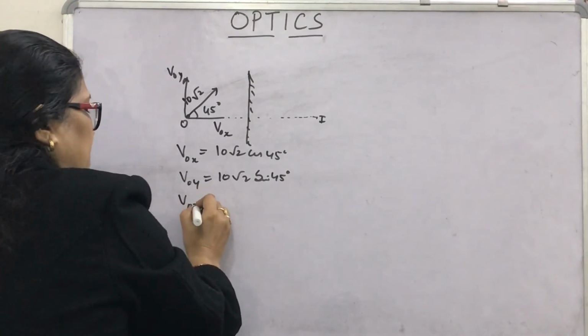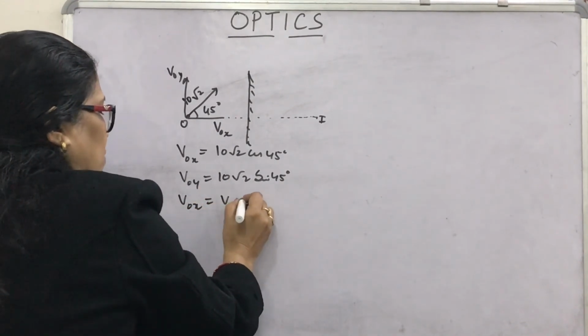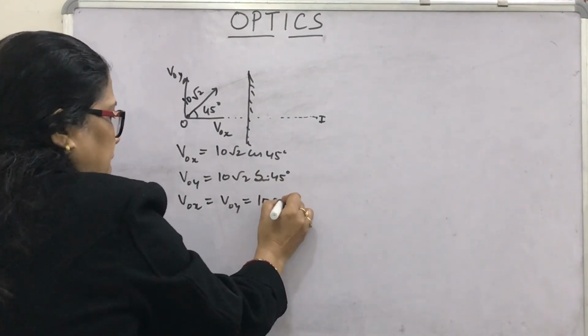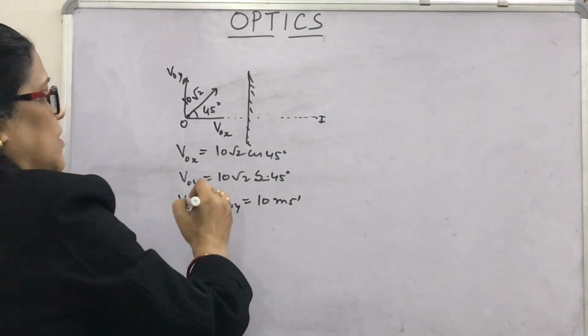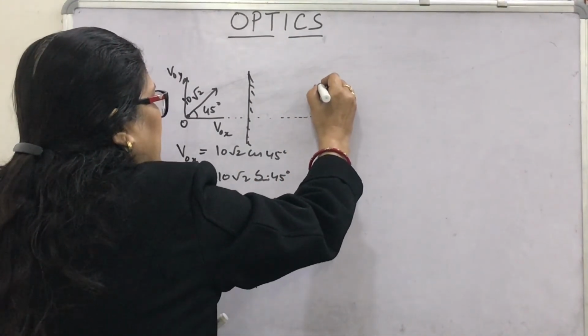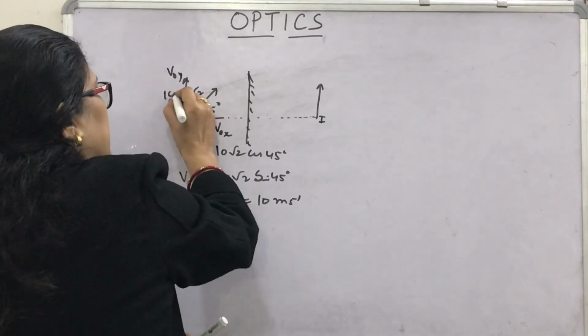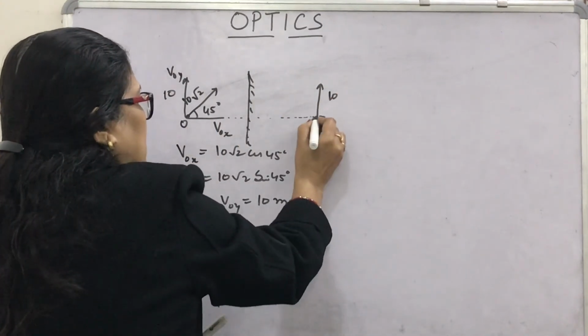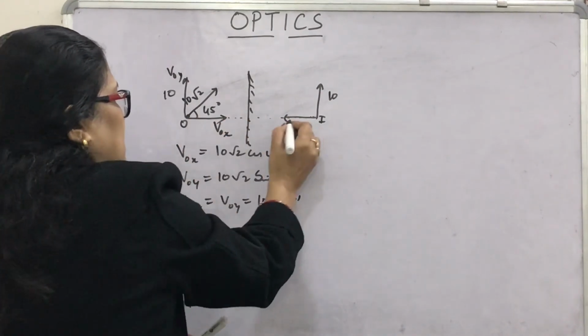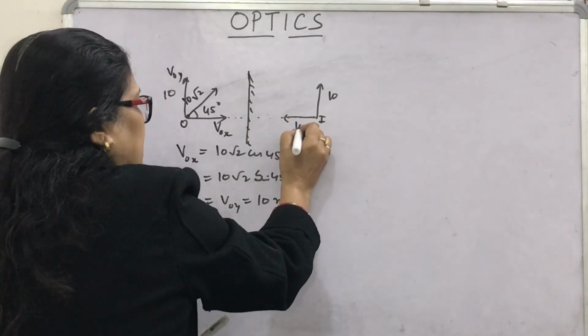So here you can write VOX equal to VOY equal to 10 root 2 into 1 by root 2, then it will be 10 meter per second. What will be here? The image position, same for the parallel case. If this will be 10, then this will be 10. If here this will be 10 in this direction, then in this direction this will be 10.